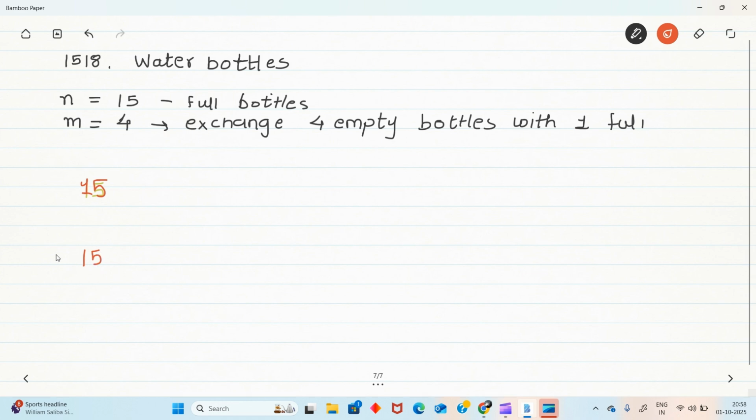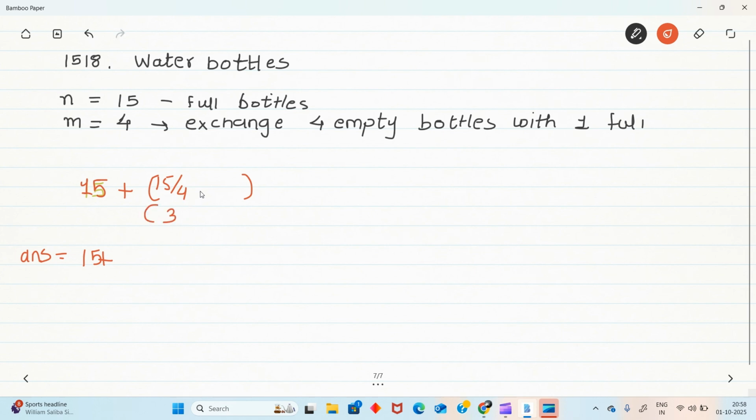So our answer is initially 15 plus. Now how many bottles can I purchase using these empties? I can exchange 4. So if I divide 15 by 4, I'll get 3.